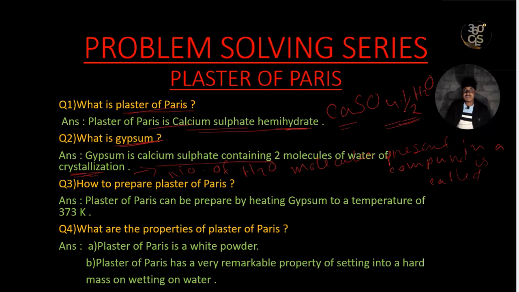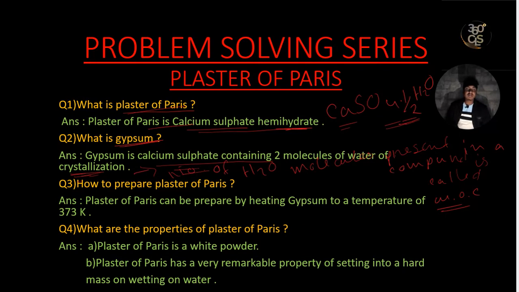Called water of crystallization. Okay. So water of crystallization क्या होता है? एक कंपाउंड में जितना H2O molecules present होता है उसको क्या कहता है? Water of crystallization. Now the gypsum is calcium sulfate containing 2 molecules of water of crystallization.